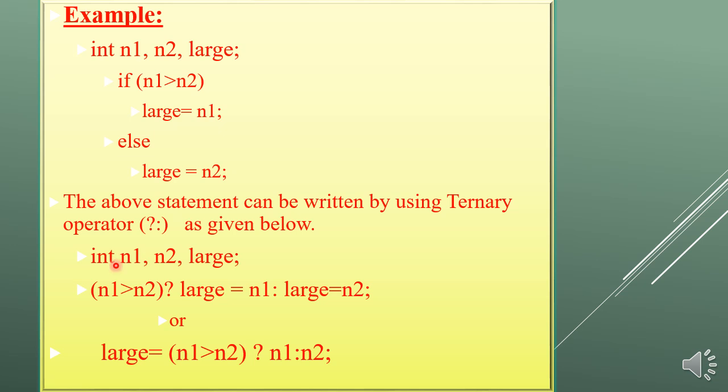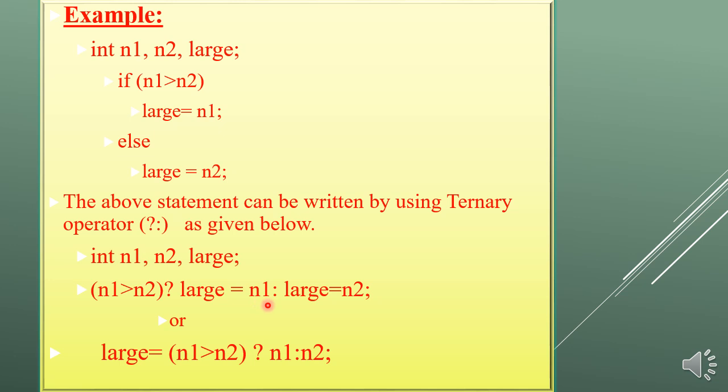The first statement is same, int n1, n2, large, three variables. First comes what? First comes condition. What is the condition here? n1 greater than n2. Then comes what? Question mark. Then comes expression 1. What is expression 1 here? Large equal to n1. So we write here large equals n1.